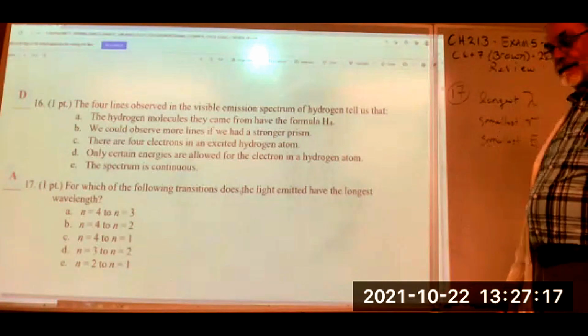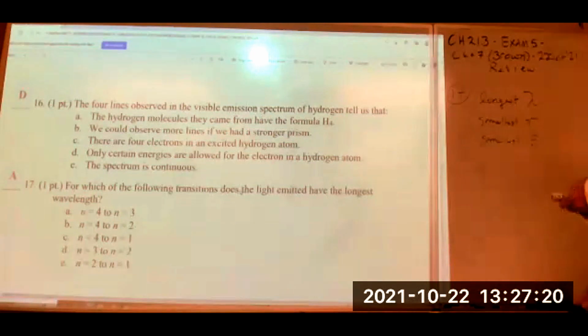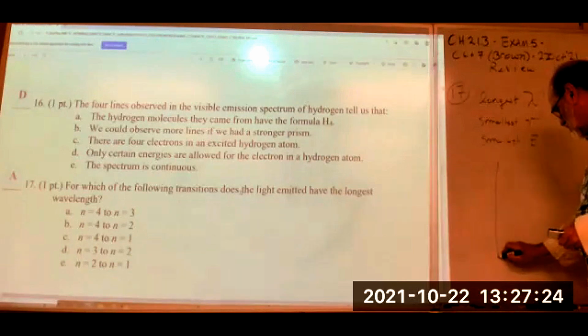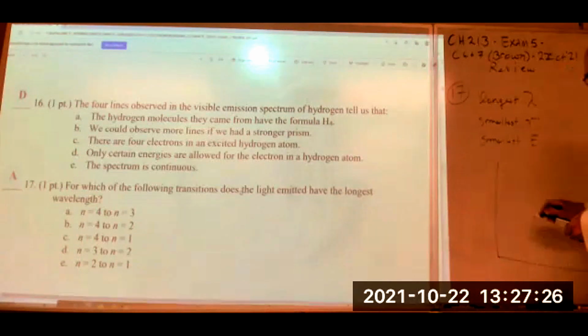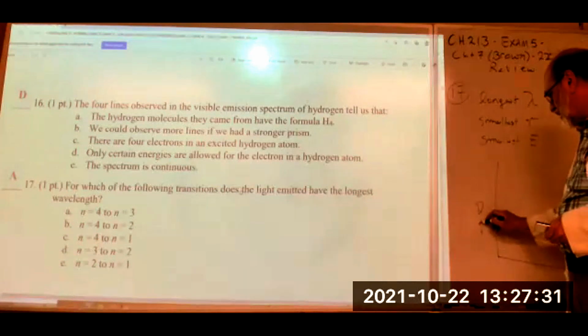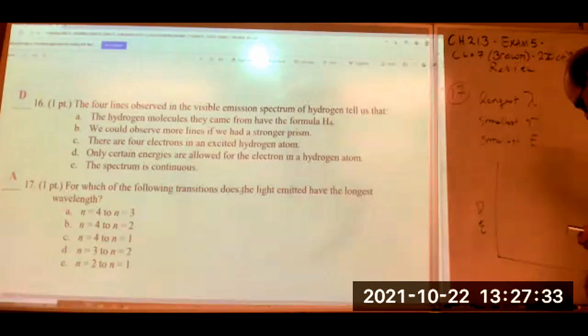Okay, so remember that model where distance from the nucleus corresponded with energy.